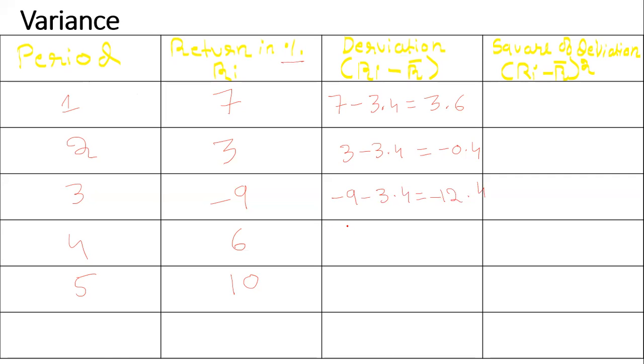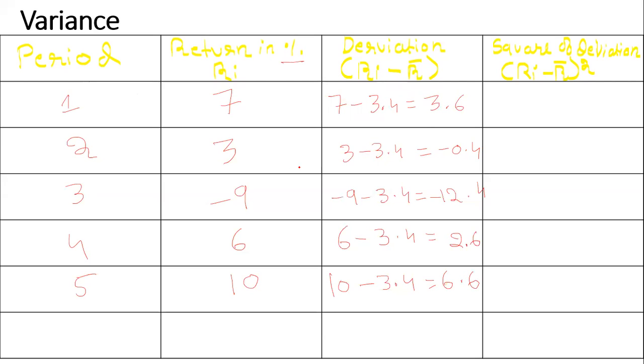For the fourth year, 6 minus 3.4 will be 2.6. And for the fifth year, 10 is the return minus 3.4 is the arithmetic mean or average return, so we will get 6.6.